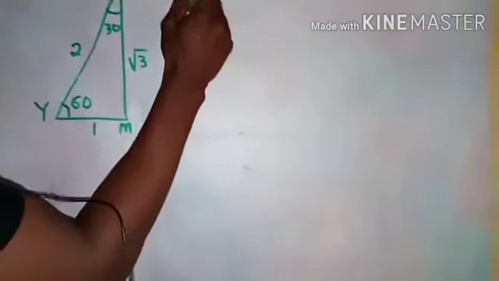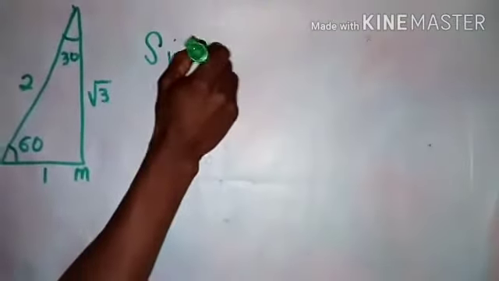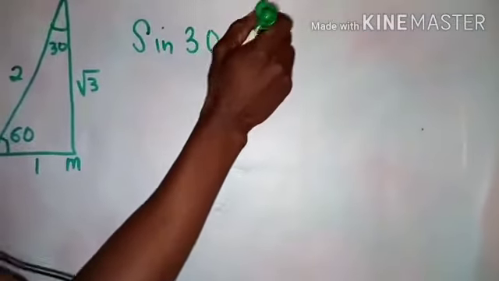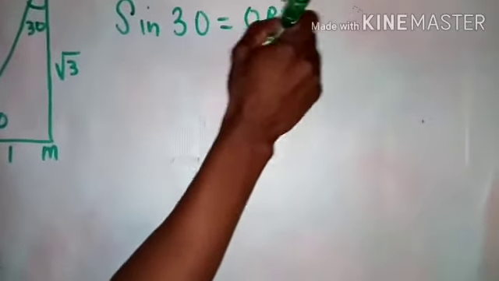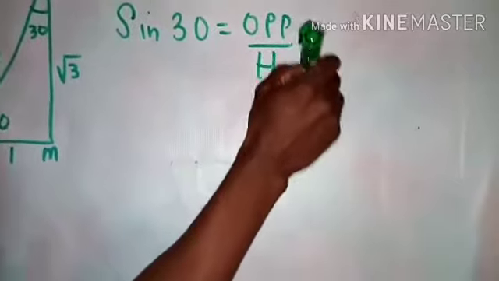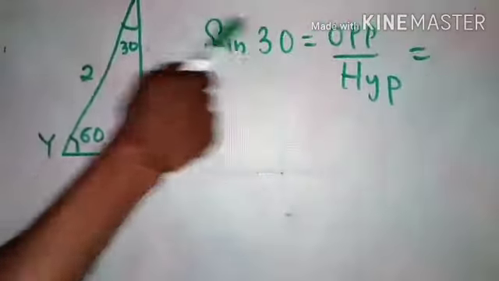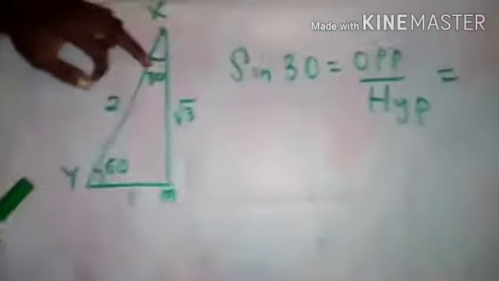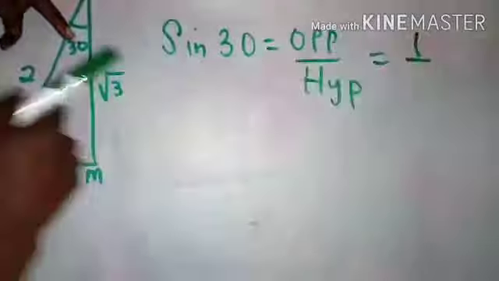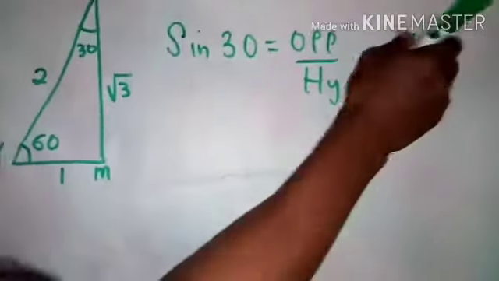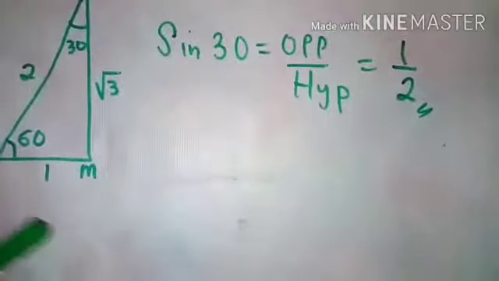So now we want to get sine 30, and sine is opposite over hypotenuse. From this triangle, we're using this angle, which is 30. Opposite of it is 1. Then the hypotenuse is what? It is 2. That is, sine 30 is half.